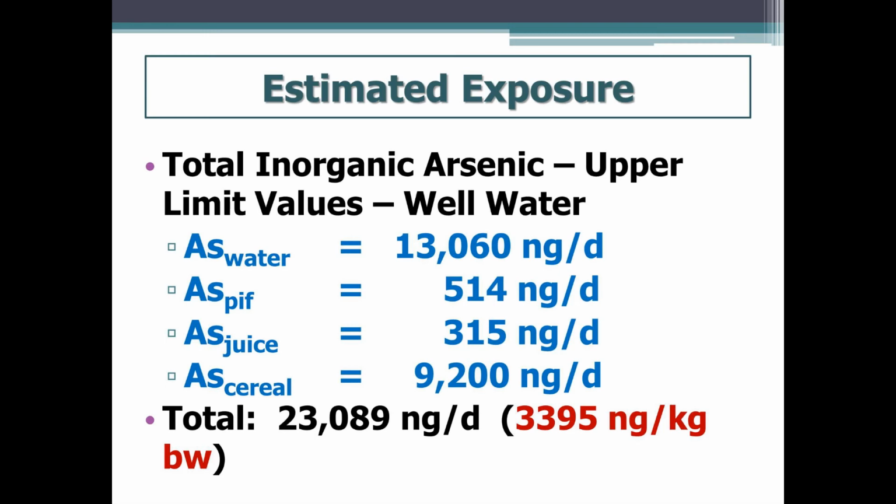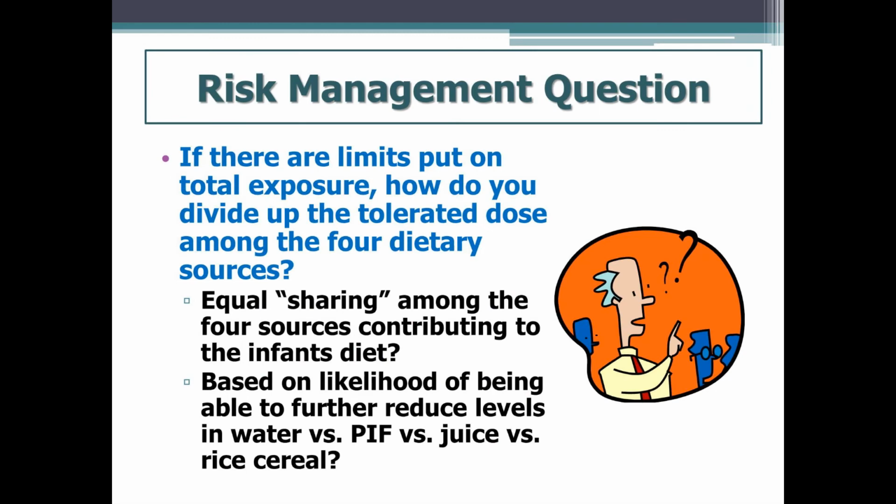So this is an area where all of a sudden you've got to start dealing with it. And the big question here, and a very practical one, is who gets the tolerance? Which one of those 4 foods, bottled water, powdered infant formula, apple juice, or rice cereal, actually gets to do it? Because you're not going to make the limit if everybody tries to take it.